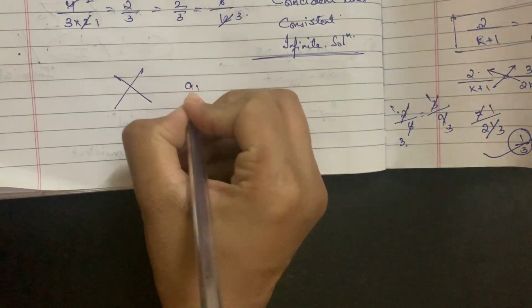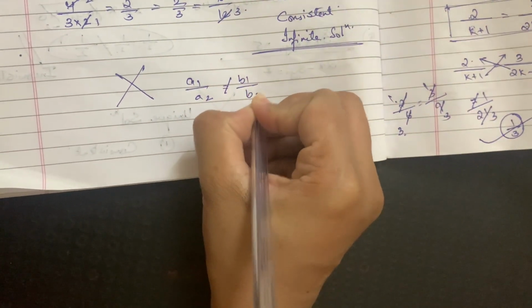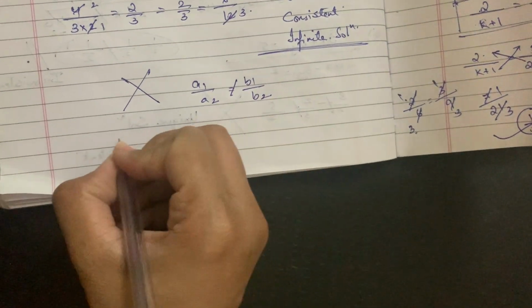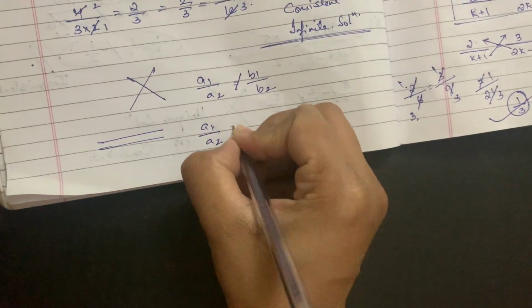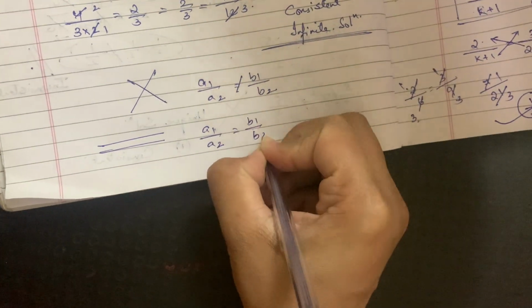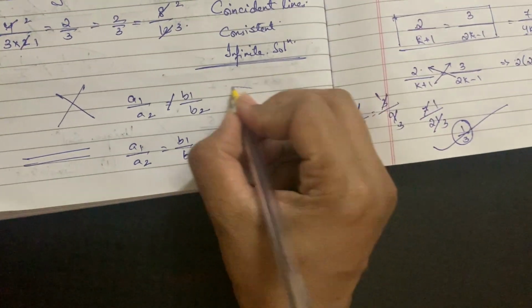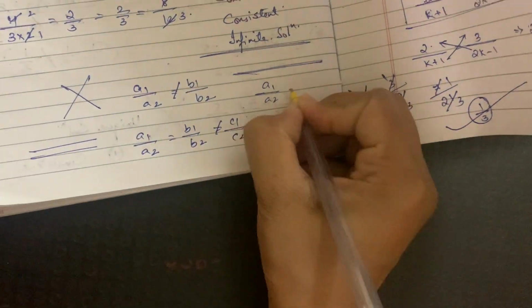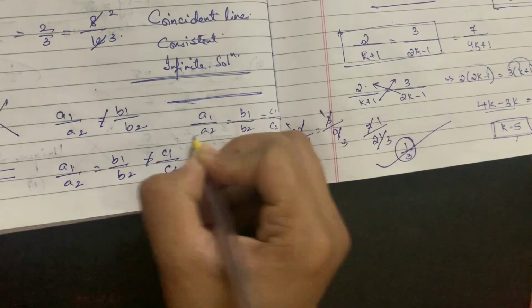Then for parallel lines, a1 by a2 is equal to b1 by b2, but it is not equal to c1 by c2. For coincident lines, everything will be the same: a1 upon a2 is equal to b1 upon b2 is equal to c1 upon c2.